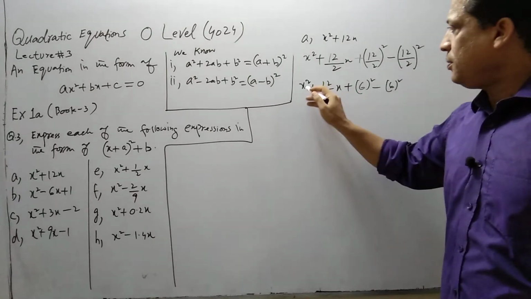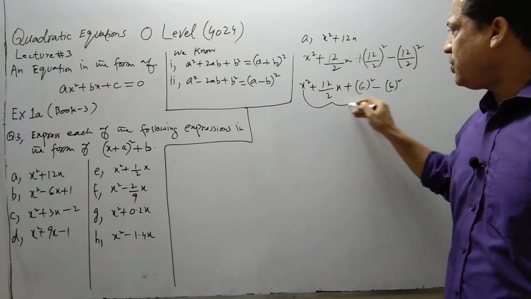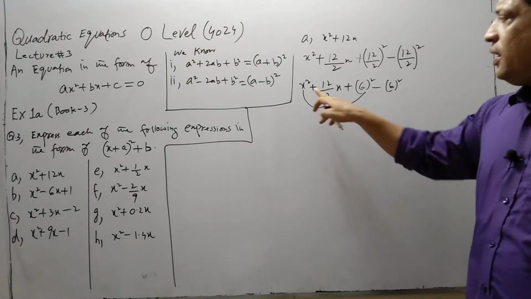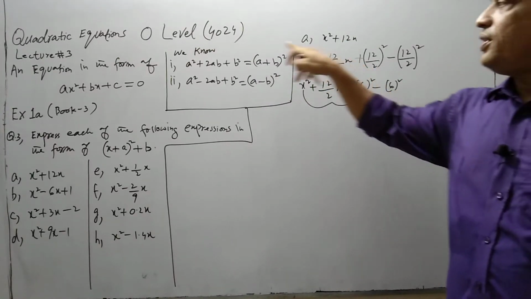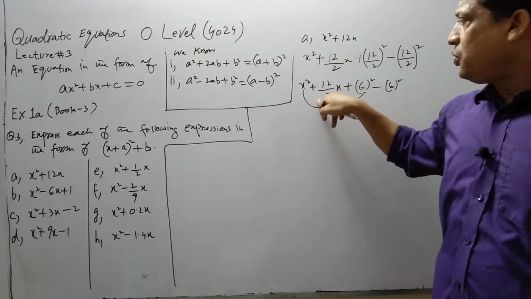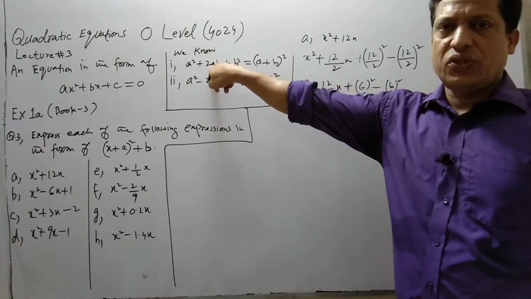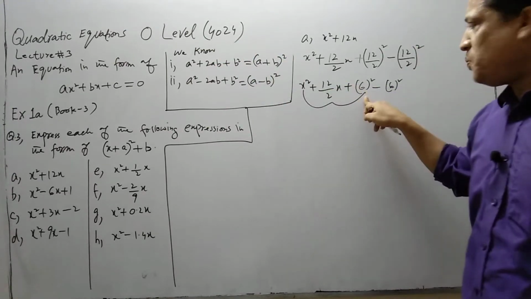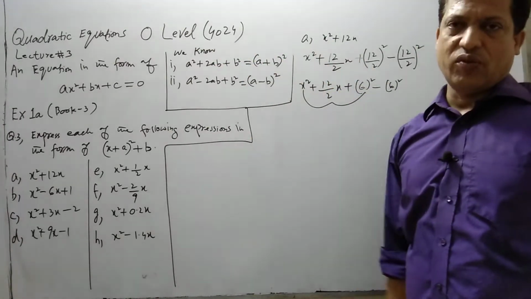Now focus on this. This is in the form of a square, x square. This 12 upon 2 is showing 2ab, and this plus 6 square is showing b square.